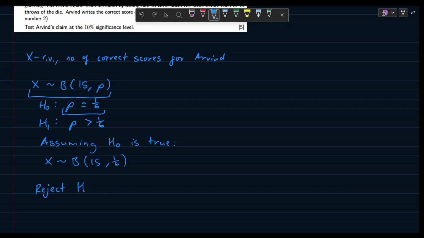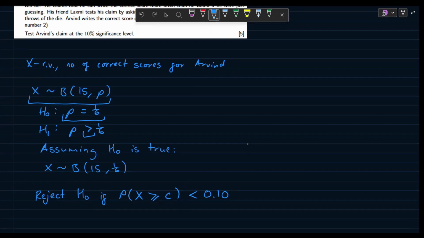Reject H0 if the probability that x is, for H1 greater than, you also add an or equal sign. So if your H1 was less than, it would be probability that x is less than or equal to. So this is greater than or equal to our test statistic, and if this is less than our significance level, which is 0.10.